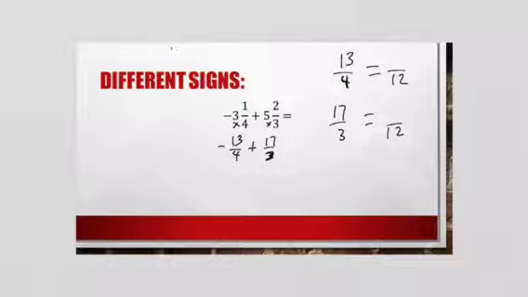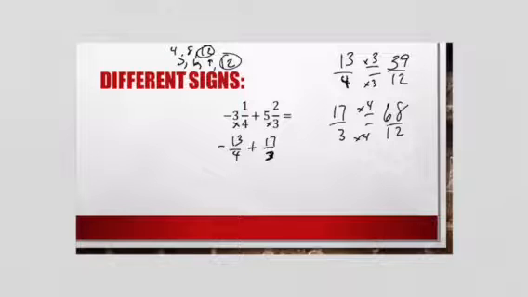Well, I counted by 4s, and then I counted by 3s, and 12 was the first one they had in common. 4 times 3 is 12. 13 times 3 is 39. 3 times 4 is 12. 17 times 4 is 68.